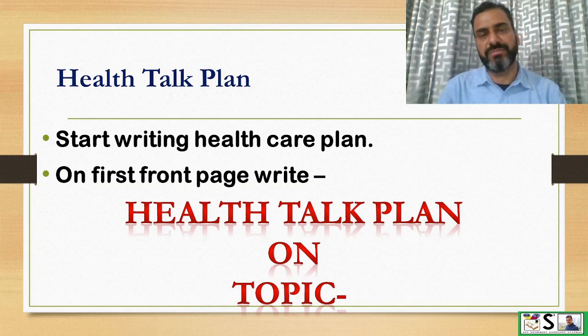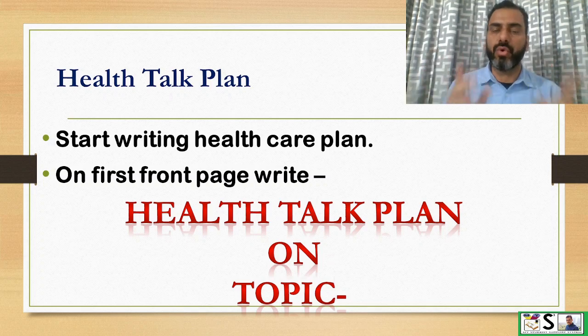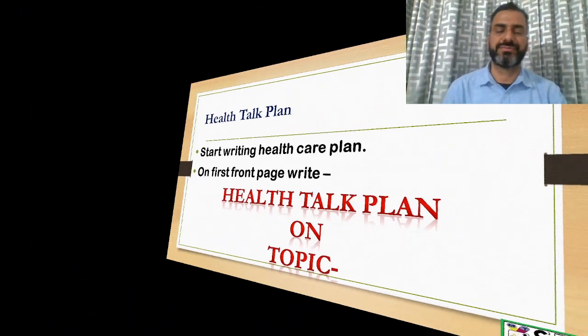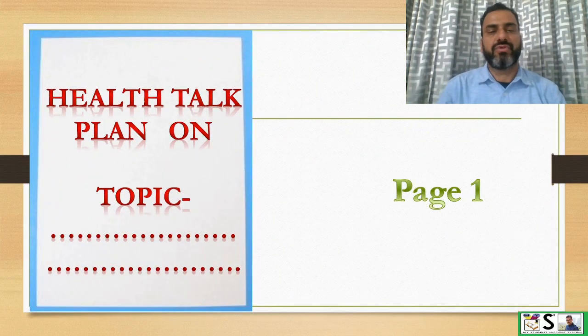On the first front page, you will write health talk plan on and then the topic. For example, if you are going to provide a health talk on tuberculosis, then you will write health talk plan on tuberculosis. Your first page will look like this: health talk plan on tuberculosis.